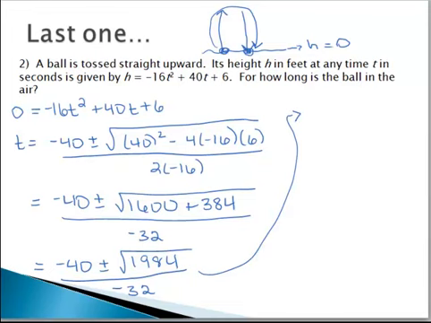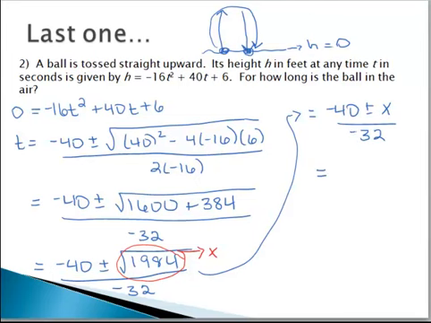What I'm going to do is store that number in X in my calculator. So let me make a little note. I stored this in X. That just means that's where I put it in my calculator. So I get negative 40 plus or minus whatever X is all over negative 32.